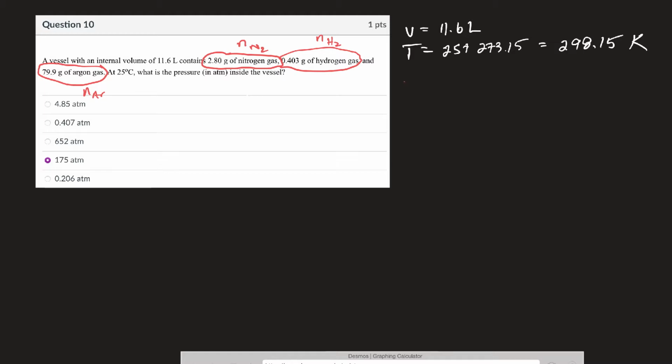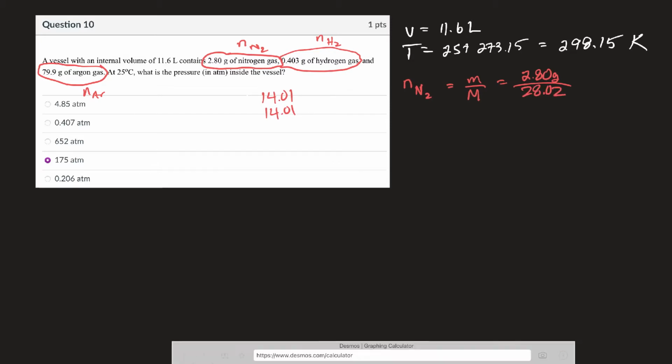So let's figure out moles of nitrogen. It's mass over molar mass. The mass, they say, is 2.80 grams, and nitrogen is 14.01. But since it's N2, I need two of those, so that'll be 28.02.